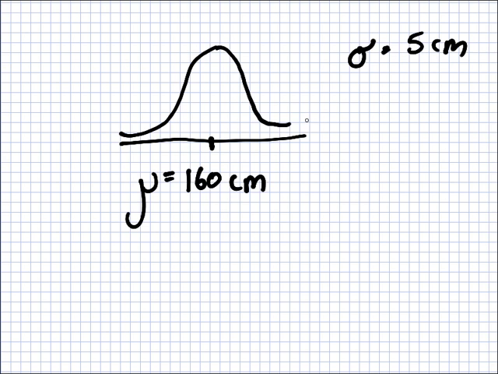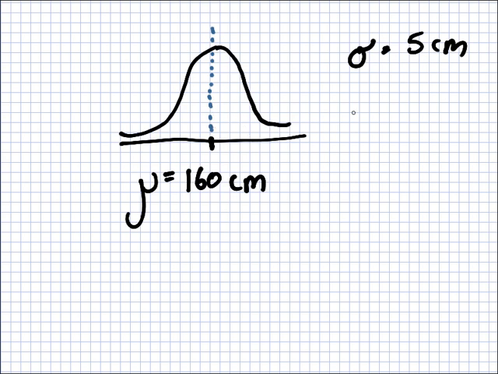Yeah? So, how many people will be less than 160 in this picture? 50%. And how many are more than 160? 50%. So you can actually use these distribution graphs for calculating probabilities of things like height.